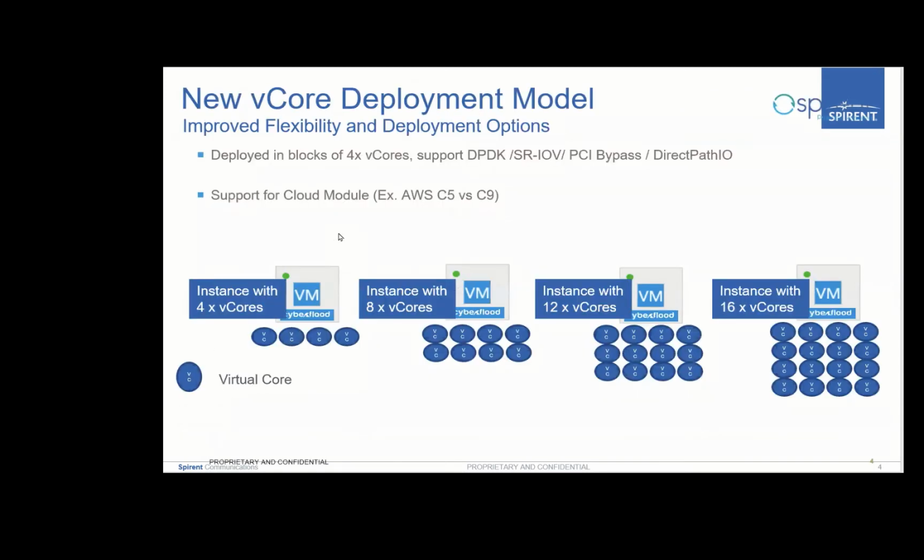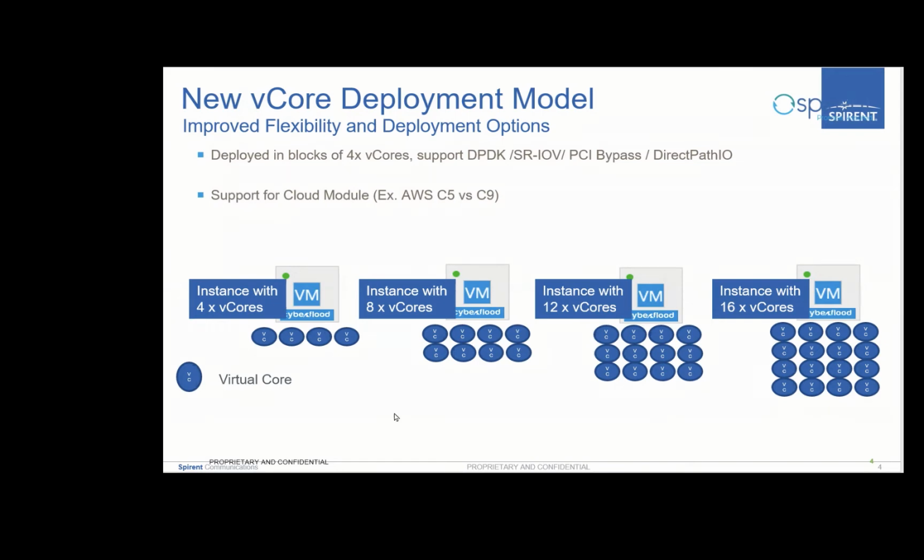In terms of deployment in the field, we deploy these in blocks of 4 vCores. So you can have, kind of like an extra small to an extra large type of effect, up to 16 cores per endpoint. And like I said, you're not limited by the number of endpoints. We do support DPDK, SR-IOV, PCI bypass, and direct path IO, accordingly.